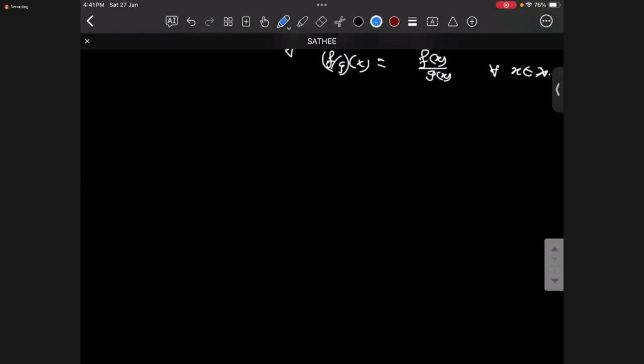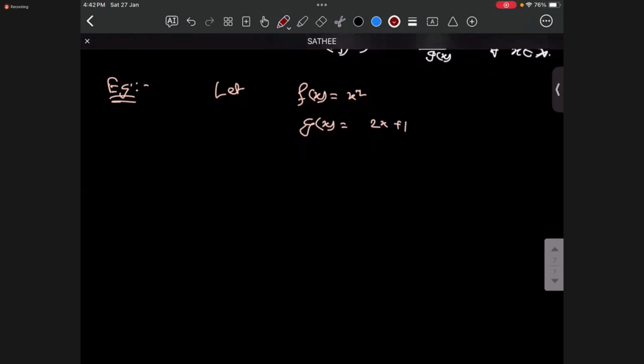Example is, let f x equals x square, and g x equals x plus 1. So clearly these two are real functions.